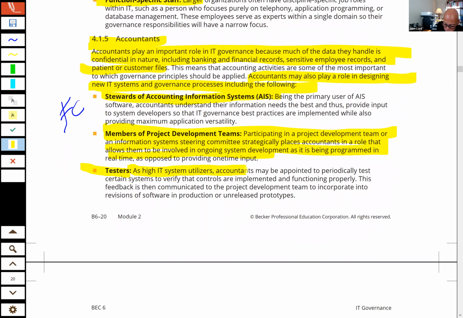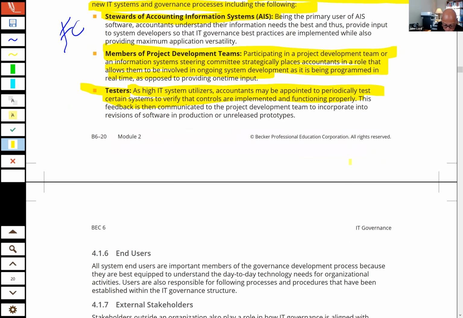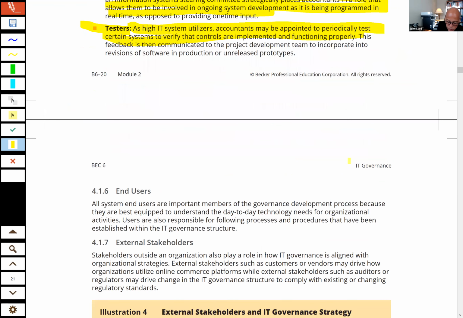In highly IT-utilized systems, accountants may be asked to periodically test and implement some of the changes being made to the system, and to provide feedback. And then of course, end users. All end users are important members of the governance team because they are equipped to understand the day-to-day technology needs.